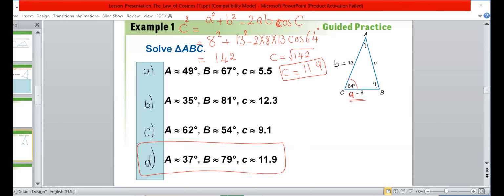In the beginning, c equal 5.5, c equal 12.3, c equal 9.1, but the answer is 11.9. This is one of the benefits of the MCQs. You can solve a problem quickly if you use the elimination method.